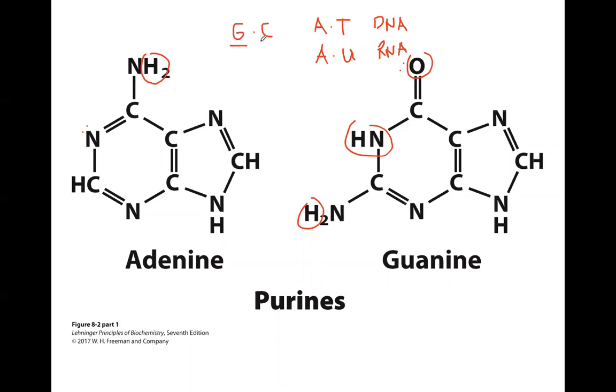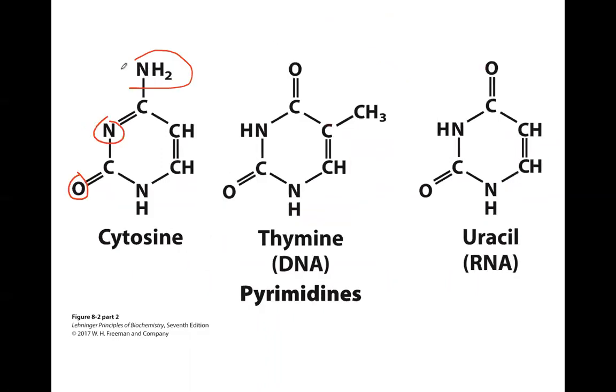So it will base pair with cytosine. So we'll go to cytosine. And now you can see there are 2 hydrogen bond acceptors, 2 lone pairs, and 1 hydrogen bond donor. So using analogies like that, you should be able to remember these structures and remember how to draw the base pairs.